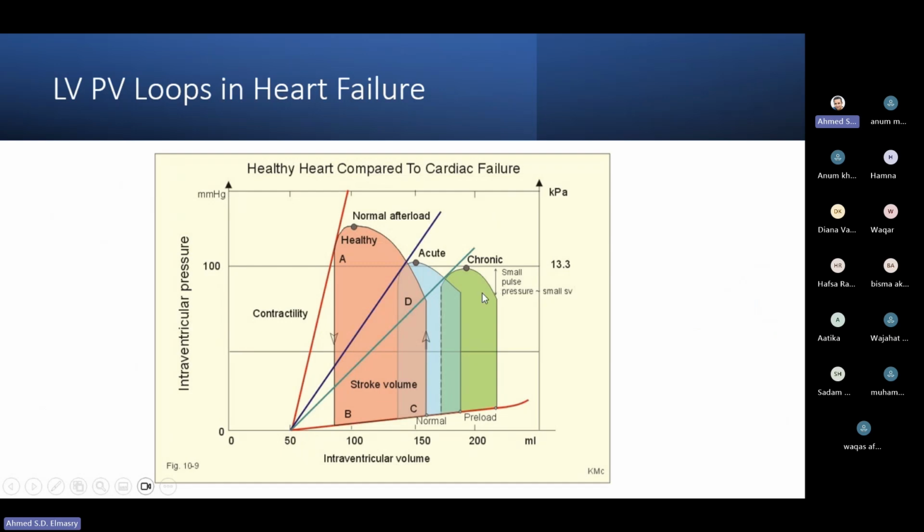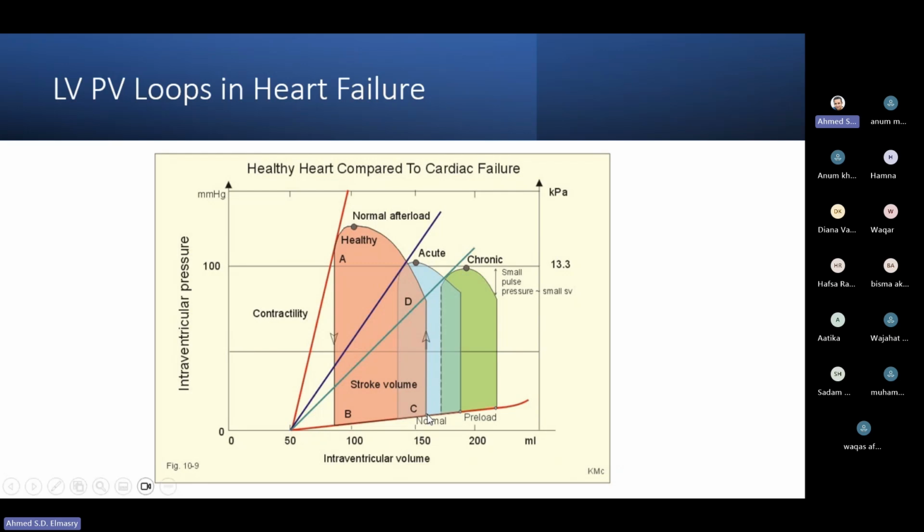And also these are the left ventricle pressure volume loops in those patients with heart failure. So this is the working point of the heart during the systole. In acute heart failure, it is decreased to this point, and in chronic heart failure, decreased to this point. And also this is the working point during the diastole, which is a surrogate of the preload.